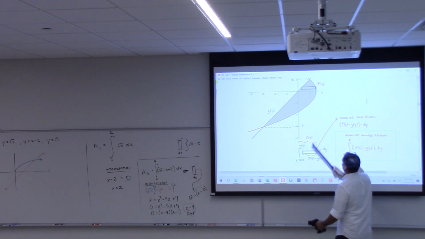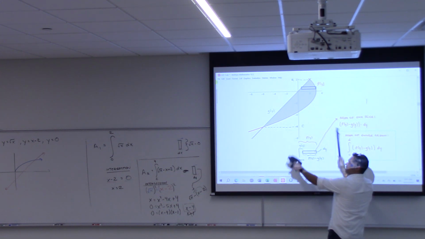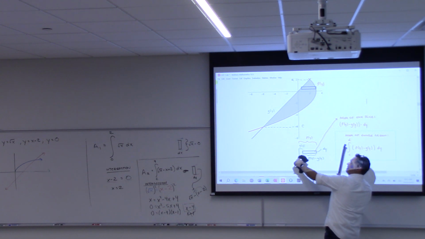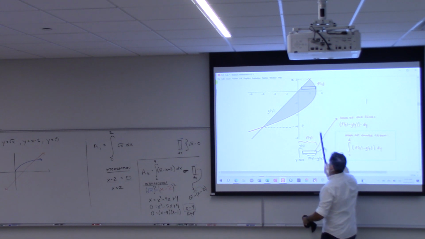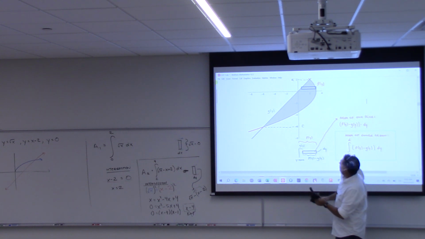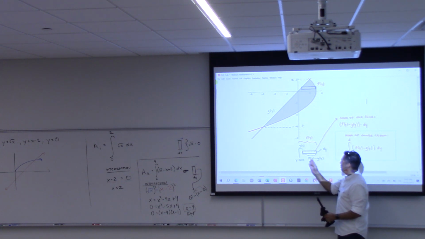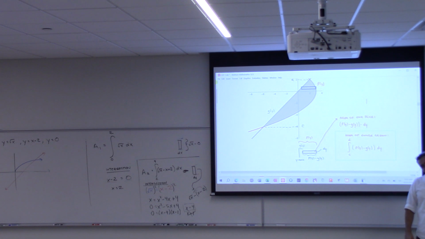To find the width, it's the same thing I did when doing top minus bottom, but we're turning it over and doing the right side minus the left side. The right side would be this function f, so the distance from here to here would be f of y. And then the distance from here to here would be g, that's this blue curve, g of y. So that distance would be the difference of the two. You'll see it's the same thing, but we're just turning sideways and looking at it that way.